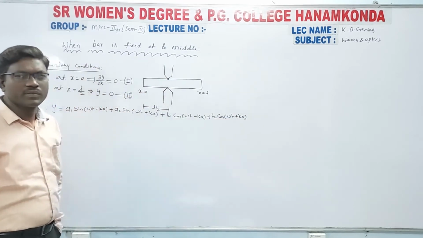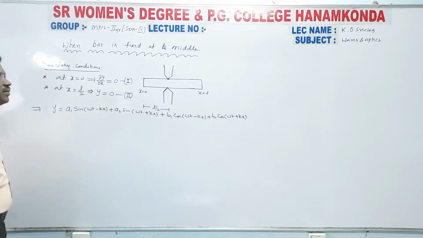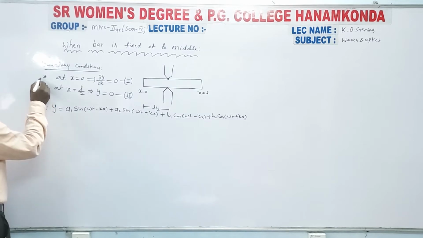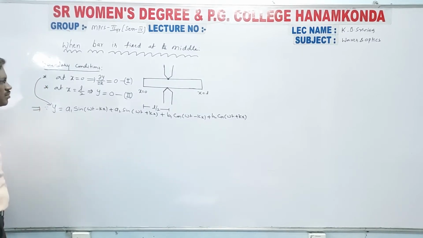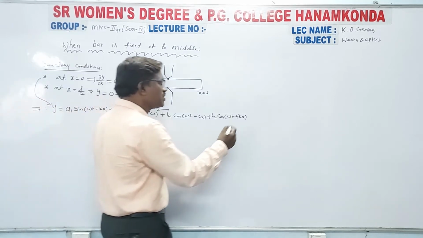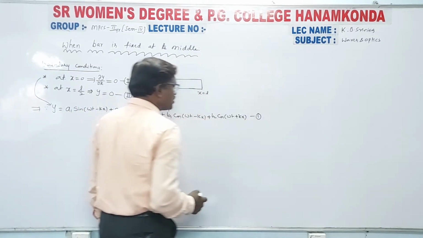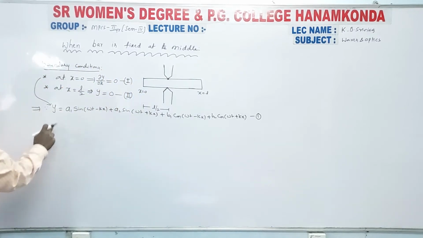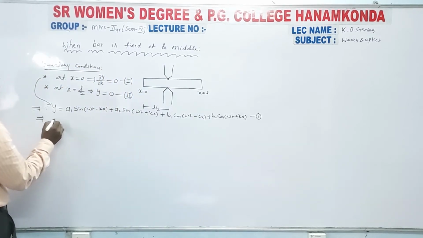Is that clear? Where a1, a2, b1, b2 are constants. So I want to substitute the first boundary condition in this equation. Before that, I have to differentiate equation 1 with respect to x.